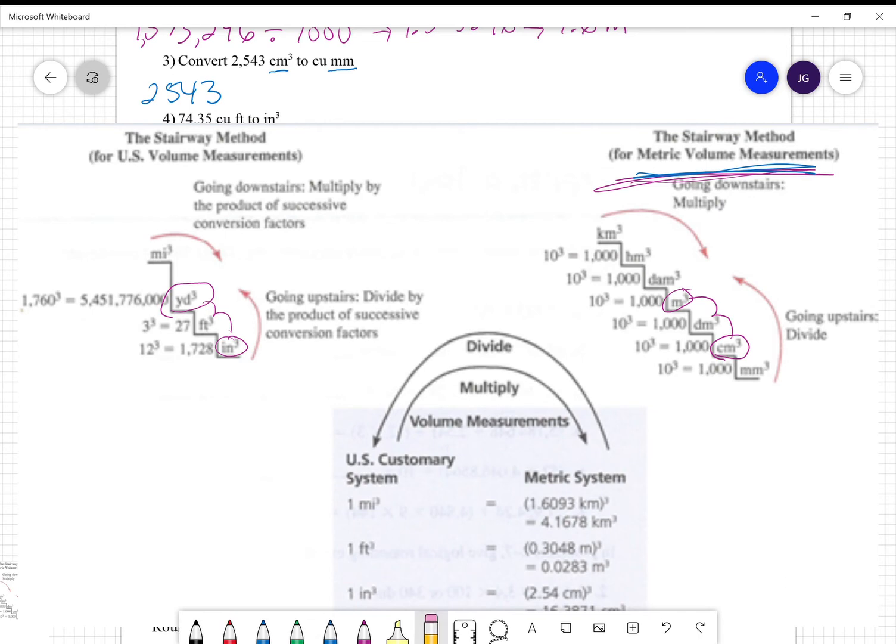Let me erase this. Cubic centimeters is here. Cubic millimeters is one step below. So I'm going to multiply, because I'm going down the steps, by 1,000 to the first power. 2,543,000 cubic millimeters.